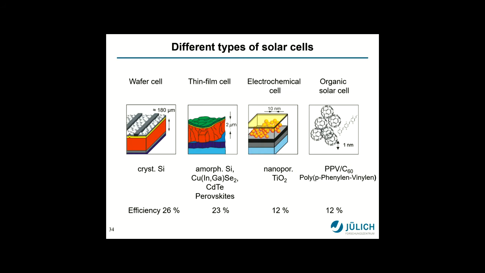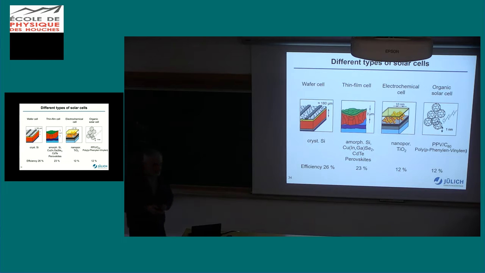There are a lot of different types of solar cells. We heard about wafer cells, silicon wafer cells. There are other important solar cells which will be a subject of lectures during this workshop, like thin film silicon, CIGS, cadmium telluride, and perovskites, which is a very important upcoming material.